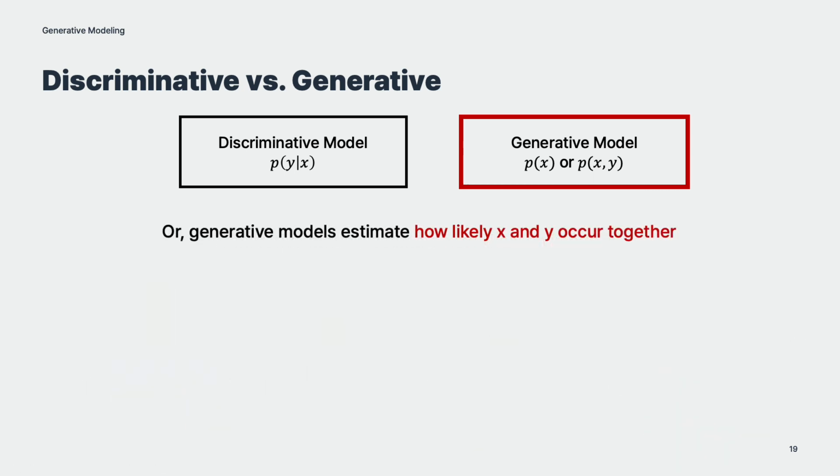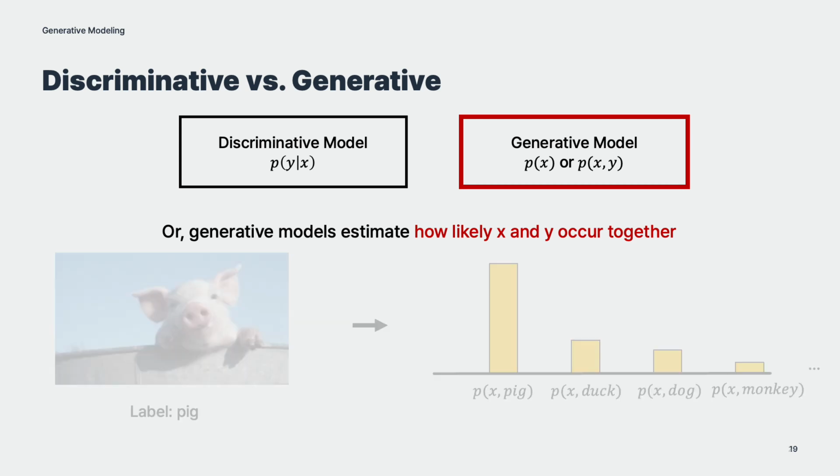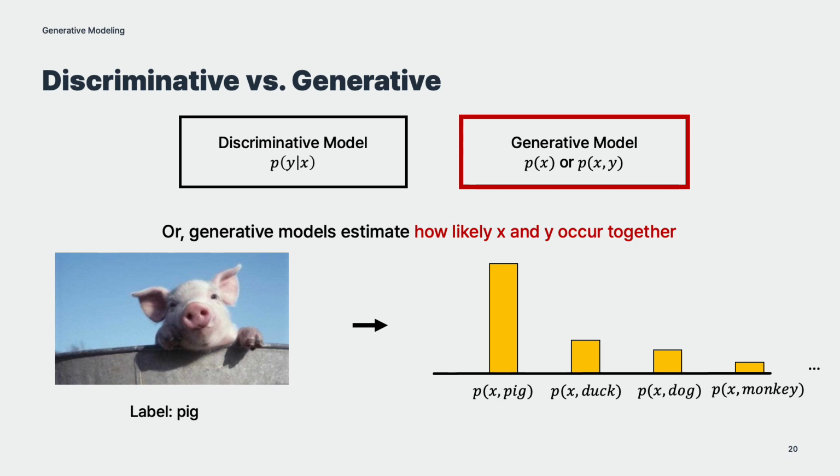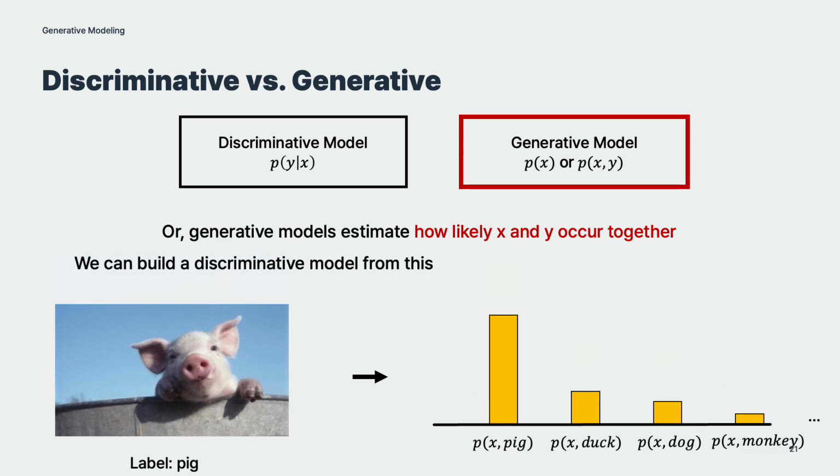We can also compute joint probabilities like P of x and y, meaning the likelihood of x and y occurring together. That means we can compute the joint probability for each label y. And from there, we could even construct a discriminative model.